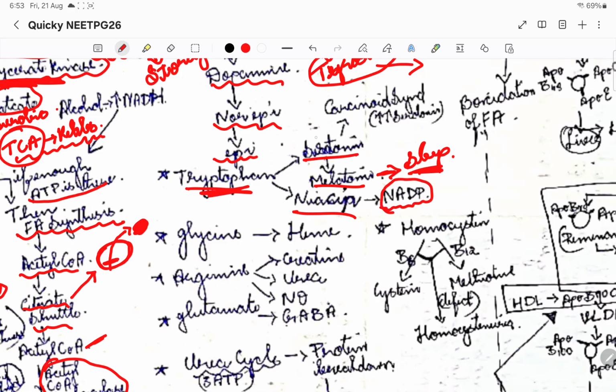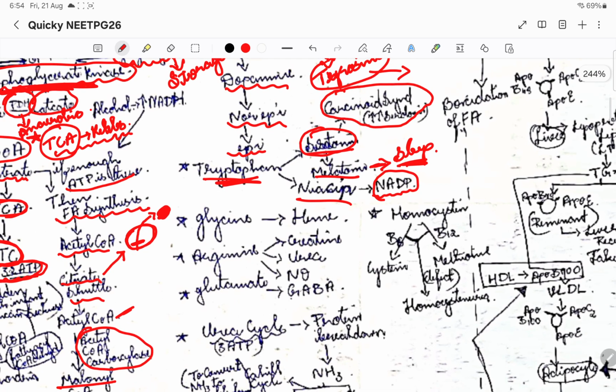Suppose there is increased serotonin in our body, it will lead to a syndrome called carcinoid syndrome. Please remember, it is because of increased serotonin formation. Just by the name, do not think that it is some disease of cancer. Carcinoid syndrome is the name given for increased serotonin in the body.